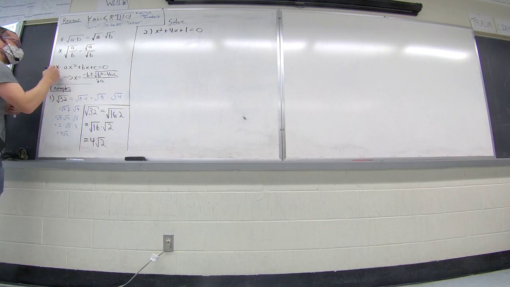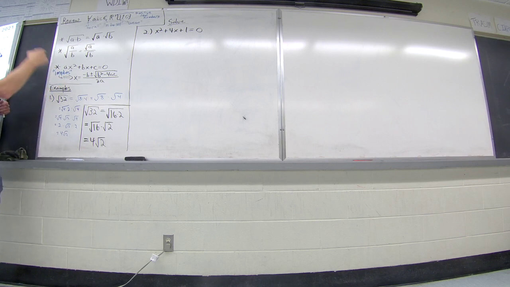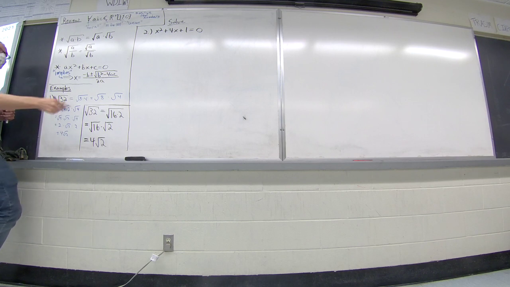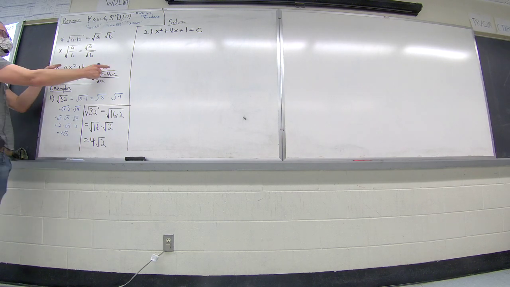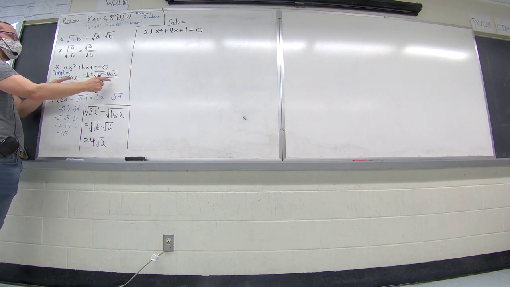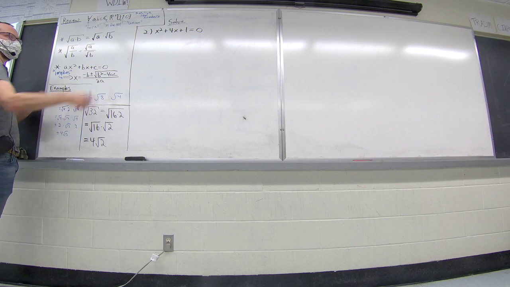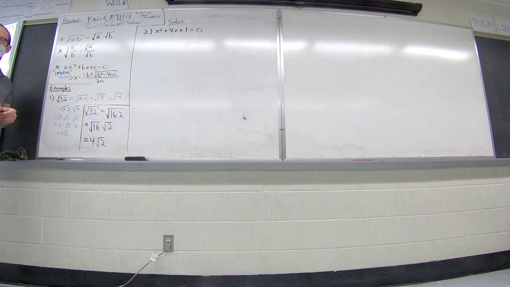It reads "implies." That's what that arrow means. The left-hand side, if that's true, then this is true. That's what implies means. ax squared plus bx plus c equals 0 implies that x equals negative b plus or minus the square root of b squared minus 4ac over 2a.